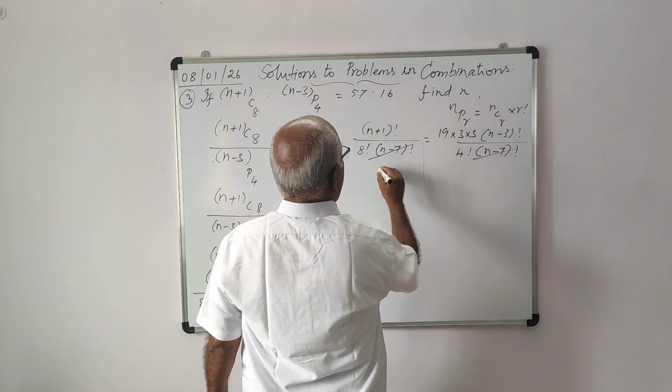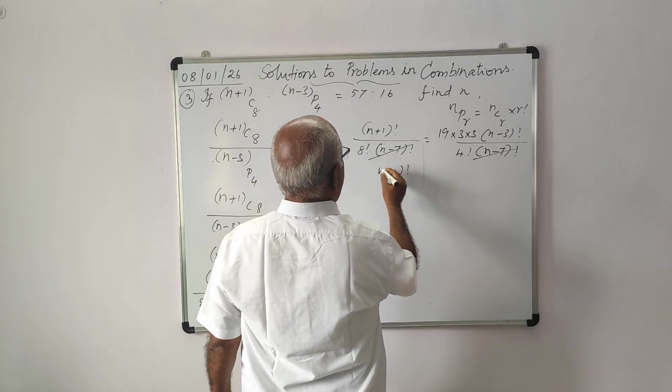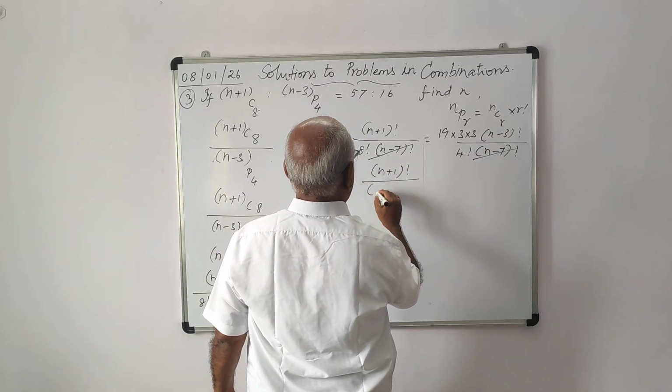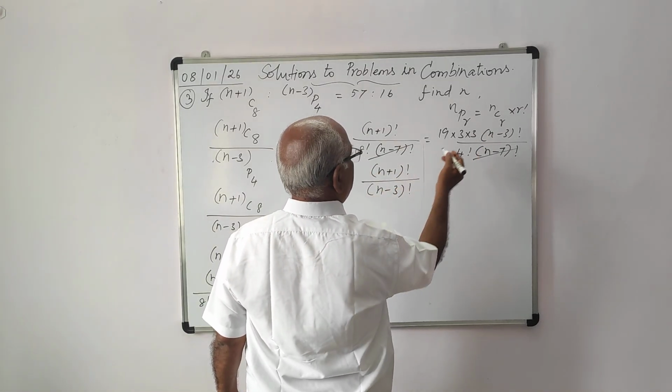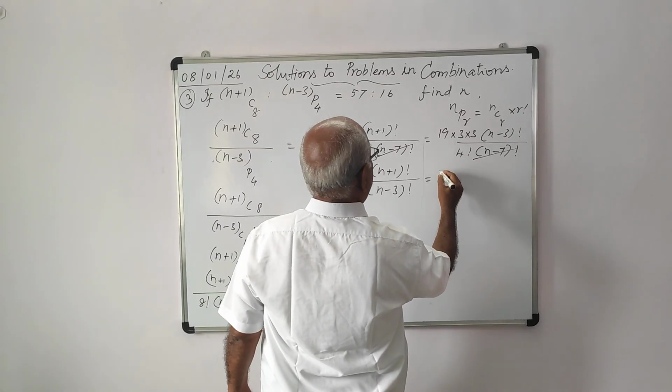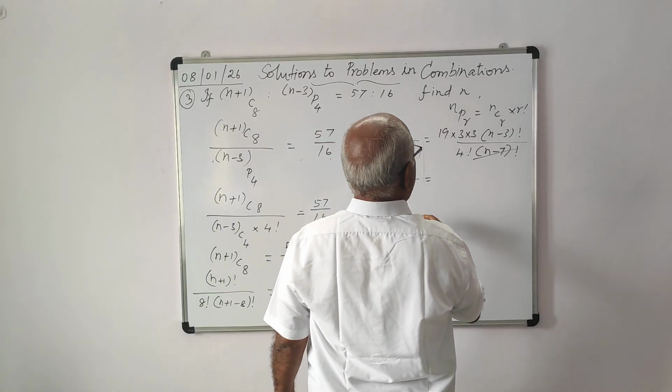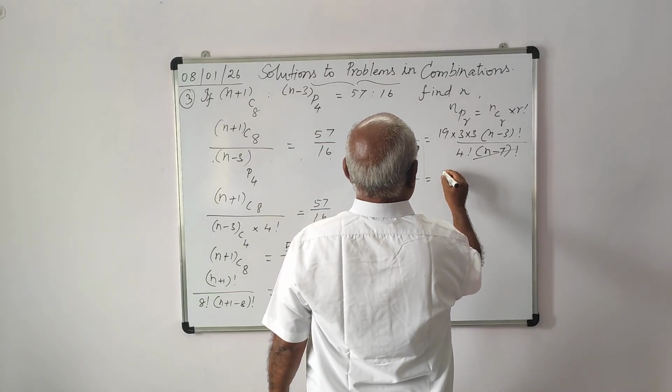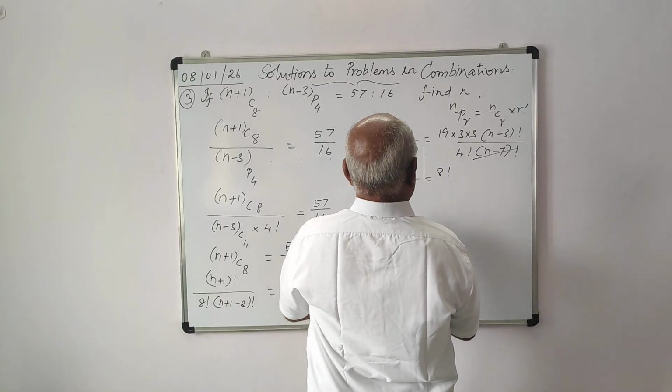And you will get (n+1) factorial in the numerator, and you bring that (n-3) factorial to the left hand side, it becomes the denominator. Already this 8 factorial is there.